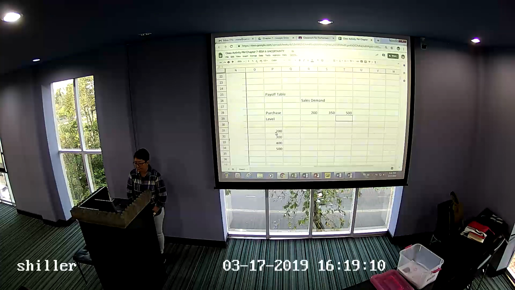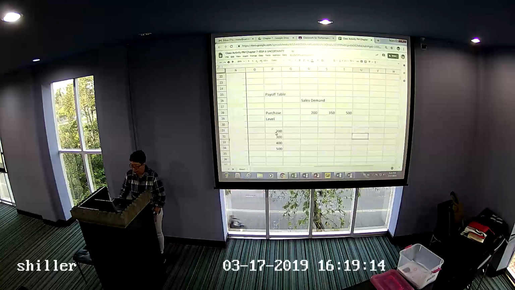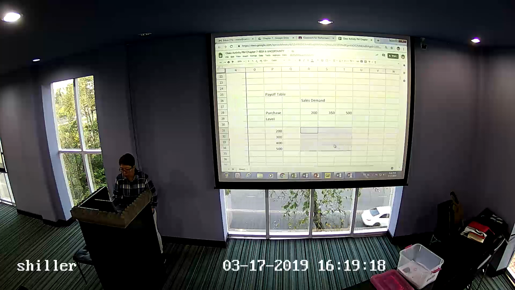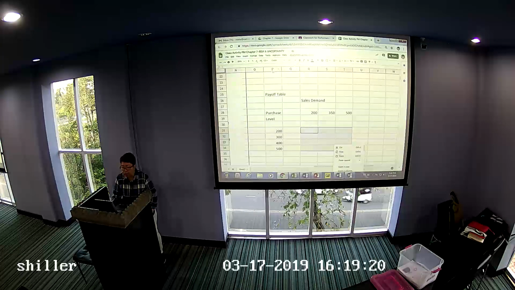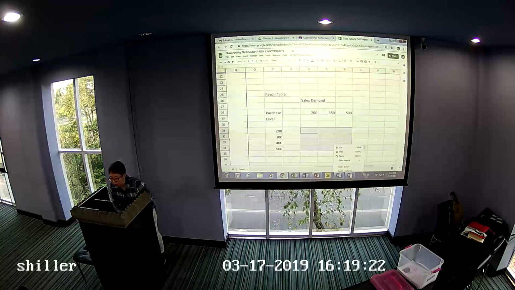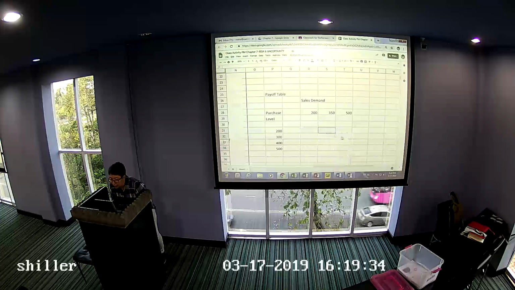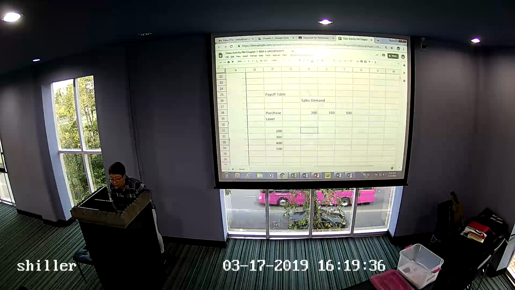Okay? Now what amounts are we supposed to put in here? Remember, we have to put amounts here. Agree? And what amounts are we supposed to put in these boxes? What do you want to put here? Is it the profit, correct? Is it the sales or profit?